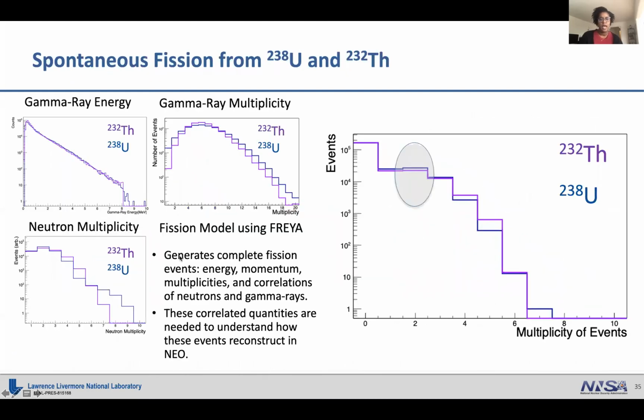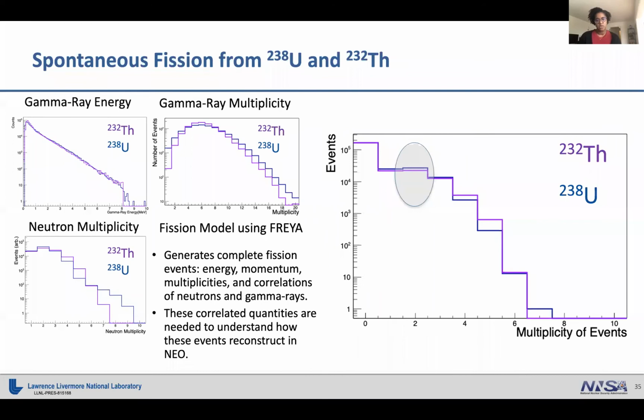Okay, and then the last background that we look into is spontaneous fissions from uranium-238 and thorium-232. And so we know that we have trace contributions of these isotopes within our water. And so you could imagine that if you had a spontaneous fission event from one of these two isotopes, if you saw a prompt gamma ray and then a delayed neutron, that might look like a signal.